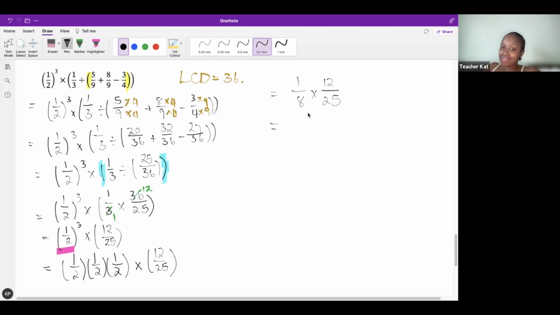Maybe. Okay, can we cross cancel here? 8 and 12? 8 and 12 don't have the same factors. Think about it, guys. Is there no number that can go into 8 and into 12? There is 2 and what else? 4. Okay. 4 goes into 8 how many times?